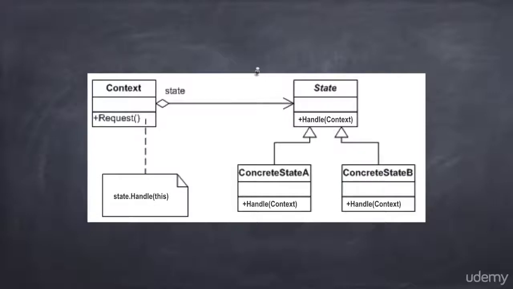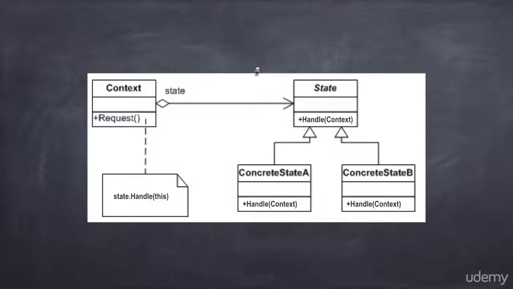The context class is in the top left corner of the diagram. This class has a public interface that is exposed to clients. The class also has a private state field that tracks the current state of the context. In the diagram, the public interface consists of a single method called request.